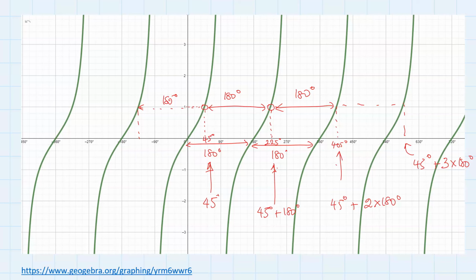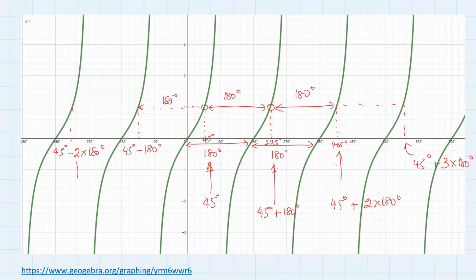So this one here, the one before 45 degrees, is 45 minus 180. And then the next one along would be 45 minus 2 lots of 180 degrees. We can see that there is a pattern.